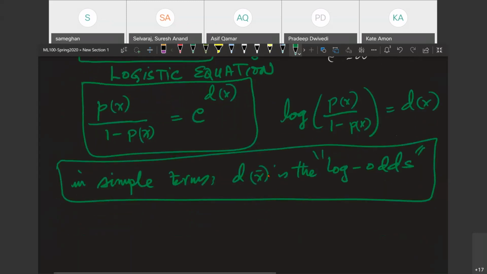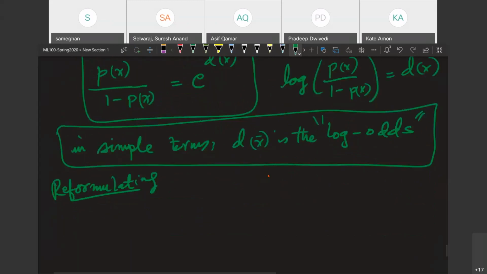And now this can also be reformulated. If you solve this equation, P(x) over 1 minus P(x) is equal to e to the d(x). Right?